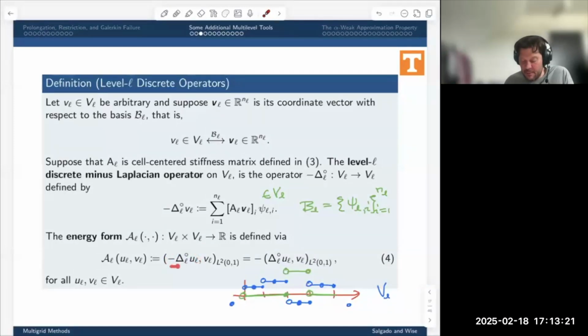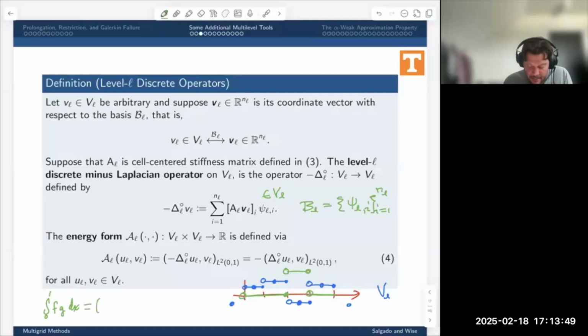Now I'm going to take that piecewise constant function and take its L2 inner product with this piecewise constant function, VL. And I'm just going to use the usual good old-fashioned L2 inner product. Remember what the L2 inner product is. If I have an F and a G, I integrate from 0 to 1.